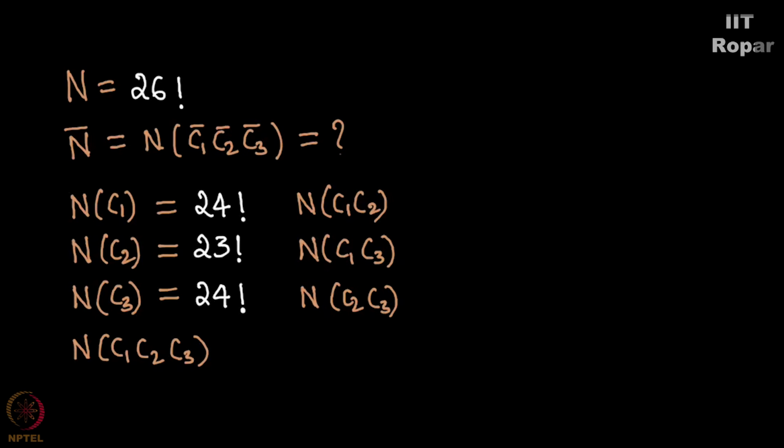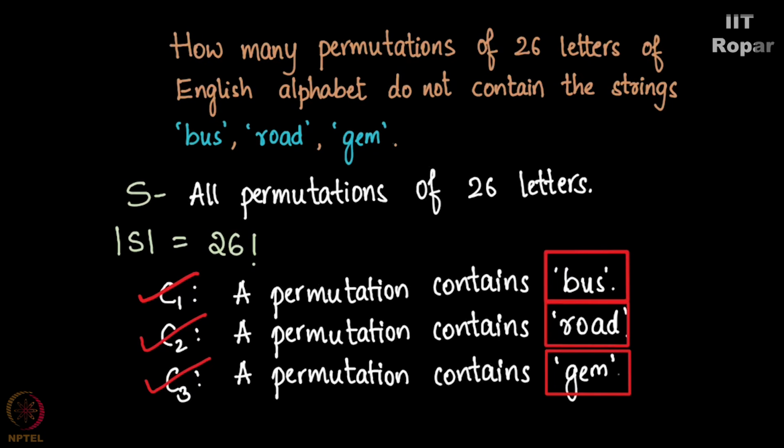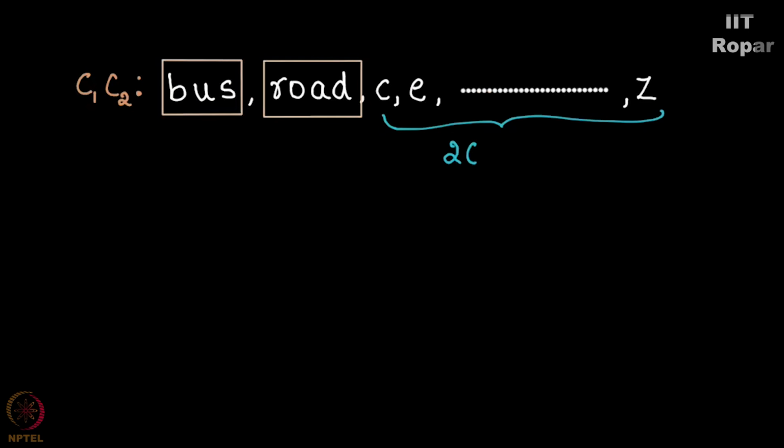Now, n of C1 C2. What is C1 C2? Those permutations which contain bus as well as road. Now, if I consider bus as 1 unit and road as 1 unit, how many alphabets remain? It is 26 minus 7. Do you see why?